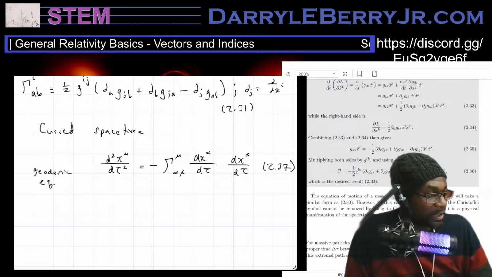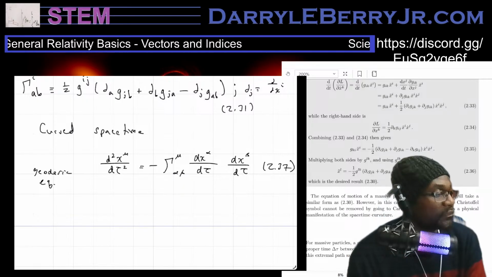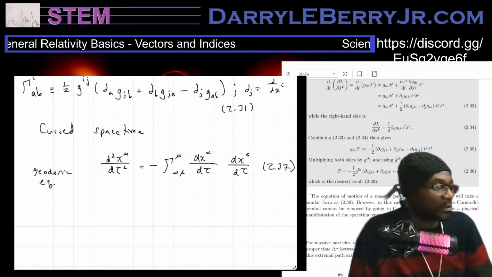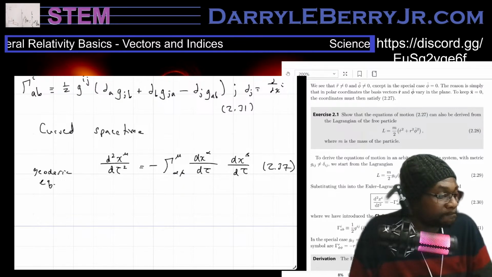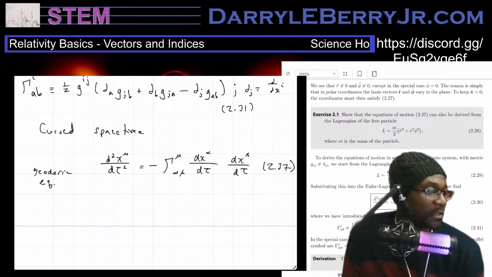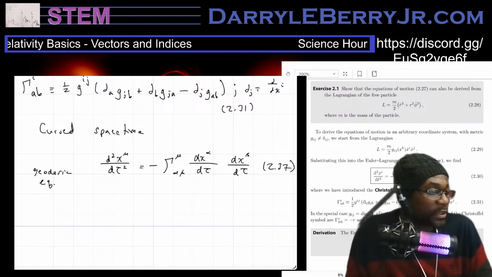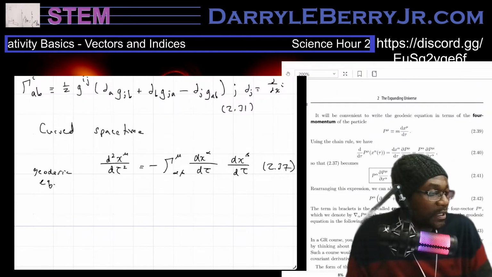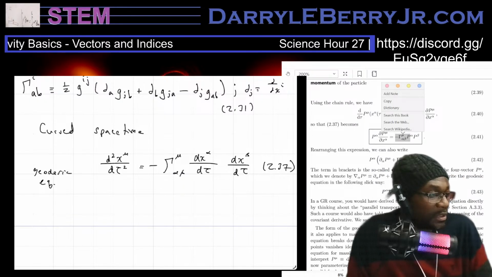See how they get the Christoffel symbol from the Euler-Lagrange. But it's interesting. So I may actually look at that next week and derive that since the Christoffel symbol comes up so much in cosmology. See, look at it. See it right there? It's right here.